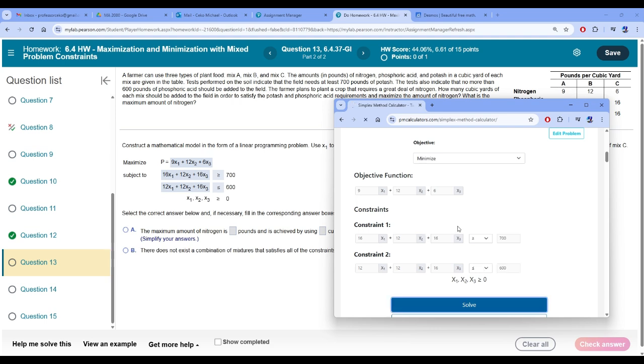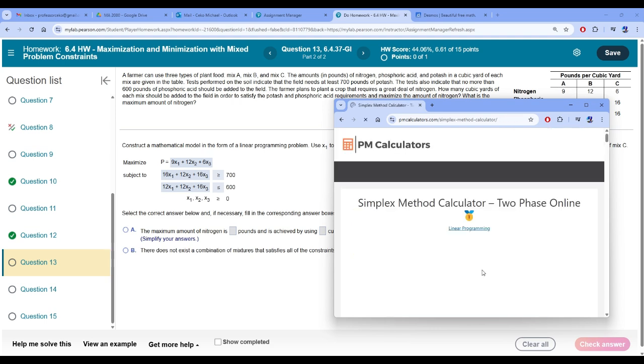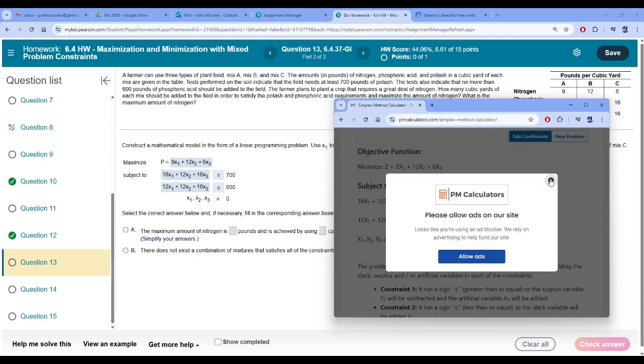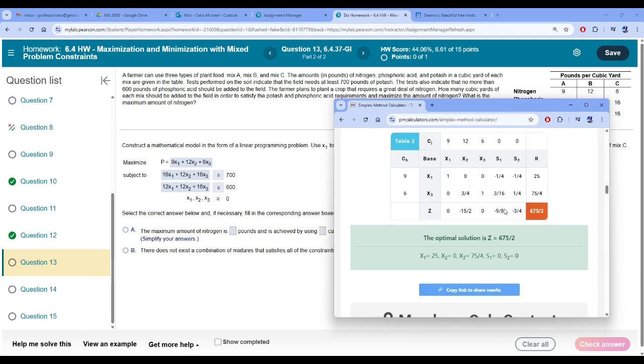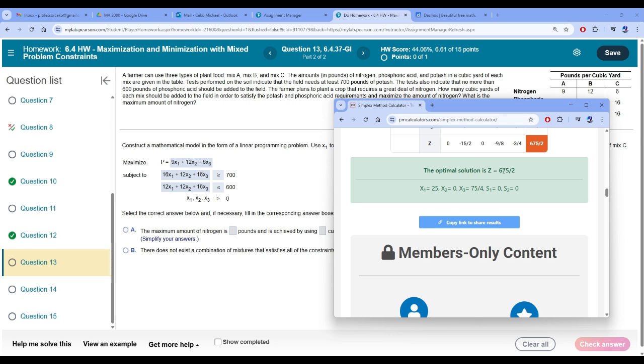Hit solve, close the add, and go to the bottom. There it is. So 675 over 2, which is, oh my god, what's 675 divided by 2? 337.5.